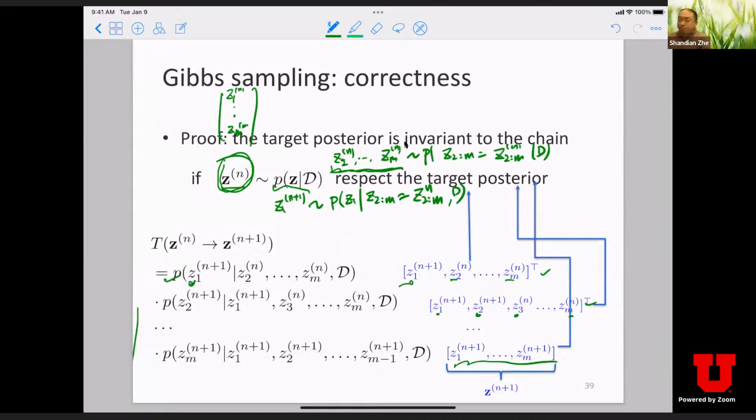Right. So now, if we want to look at the joint distribution of this mixed sample, Z1 n plus 1 and Z2n to Zmn, how do we get our joint distribution?